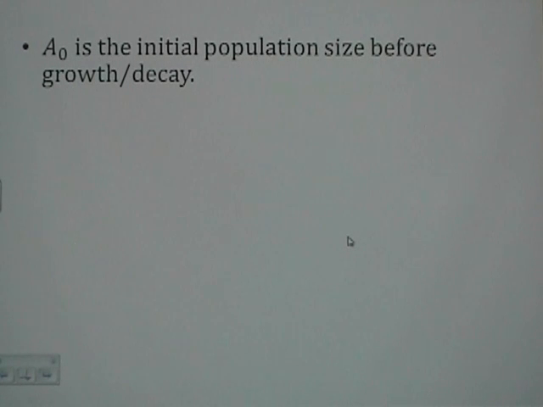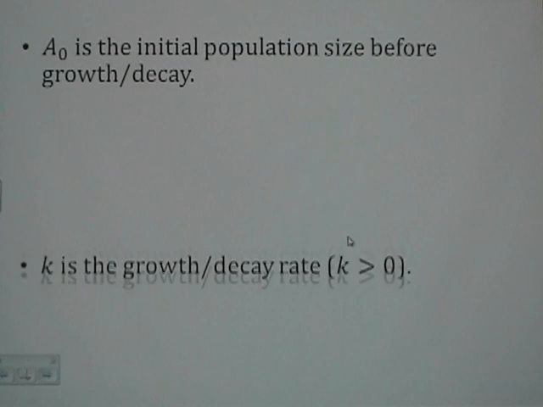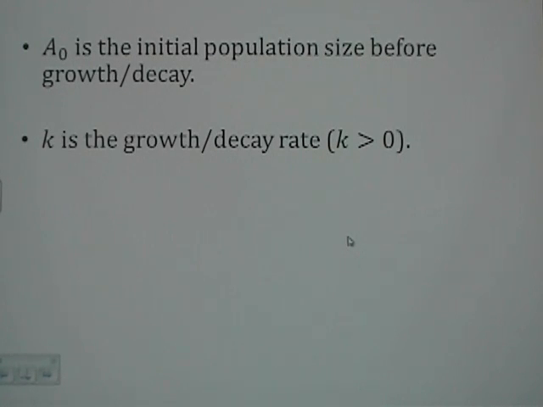Say right now you are starting to look at your bacteria populations; that is the role of a sub 0, the initial population size. And k is the growth or decay rate, how fast the growth is or how fast the decay is, how fast the breaking down or growing up process is.